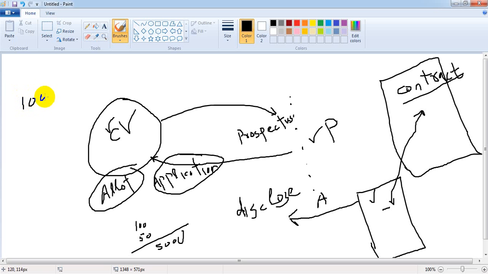Suppose 10,000 shares are issued and the price of one share is 50. So it becomes 5 lakh. Now this means that the company will receive 5 lakh.